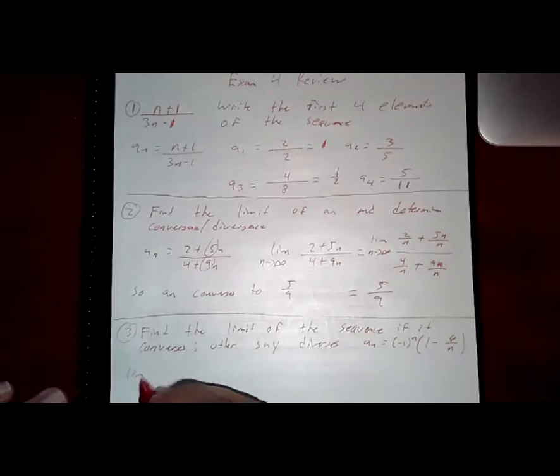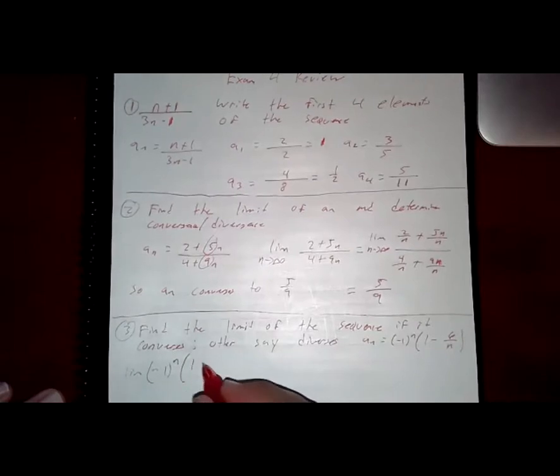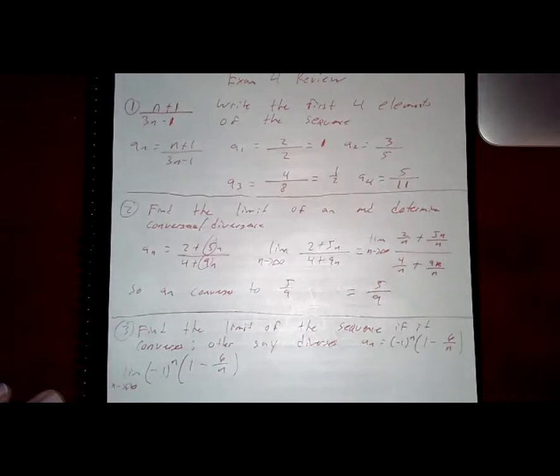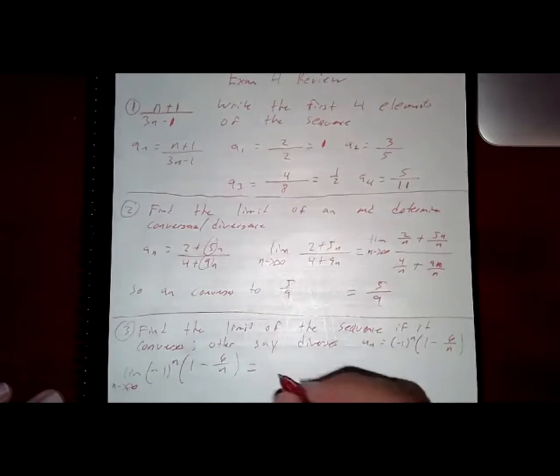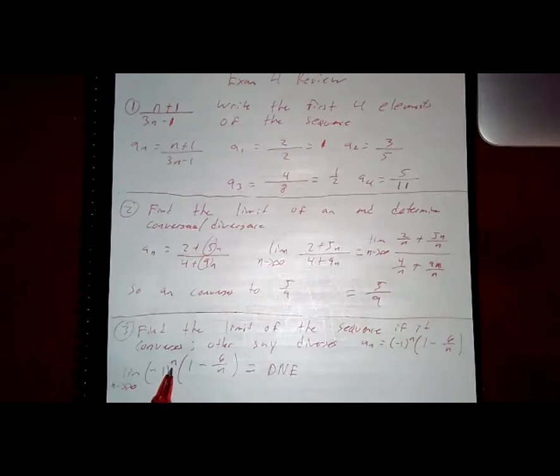Yeah, 1 minus 6 over n is the sequence. So the limit of -1 to the n times 1 minus 6 over n. I put 2n because I put 1 minus n to, and then I squared the n based off the formula that I found, because you had 2n, but this is just a regular n.